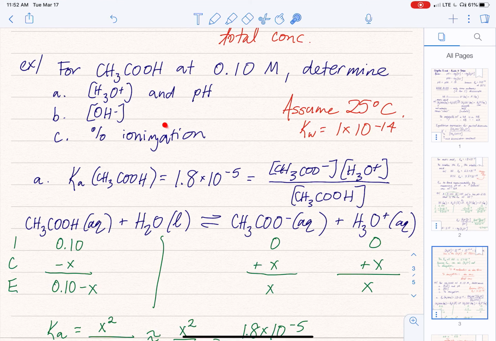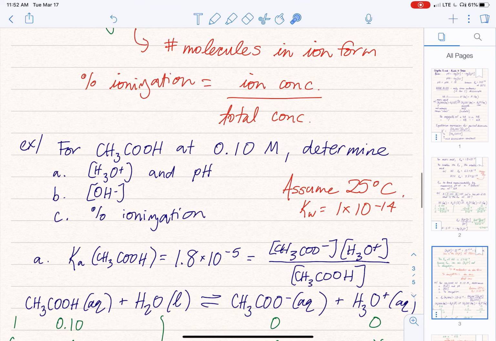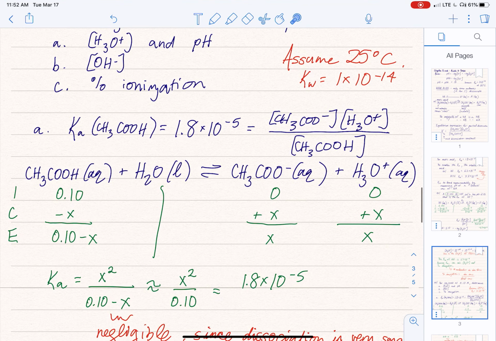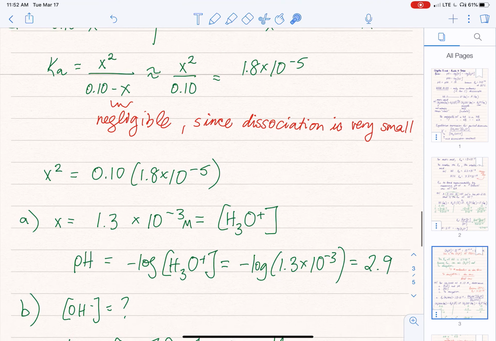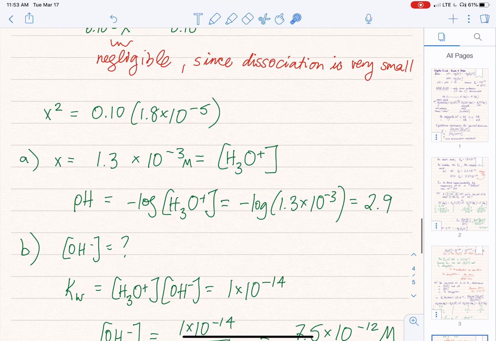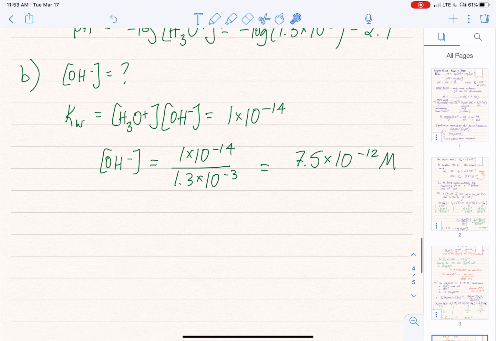So the last part of the question is to calculate the percent ionization, which, as I talked about a moment ago, is the ion concentration at equilibrium over the total concentration, also at equilibrium. However, we made an assumption when we did that problem that minus X was negligible, that dissociation was negligible.